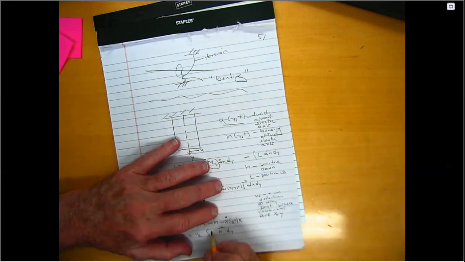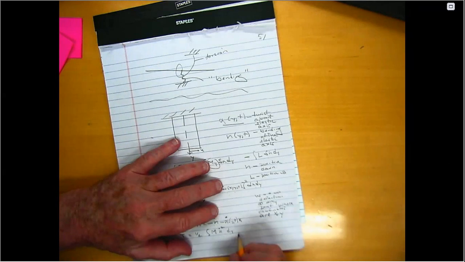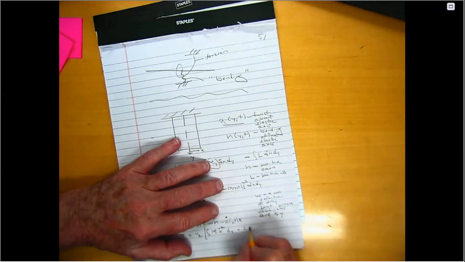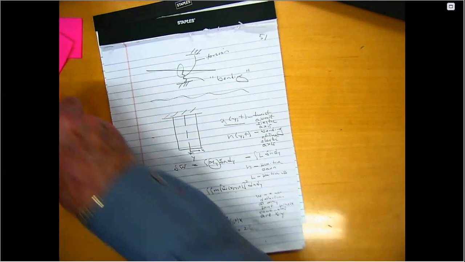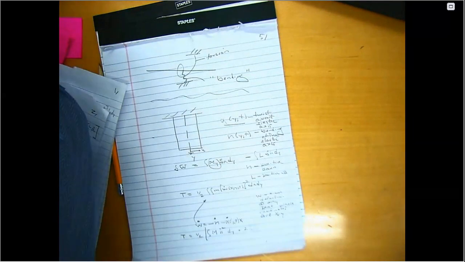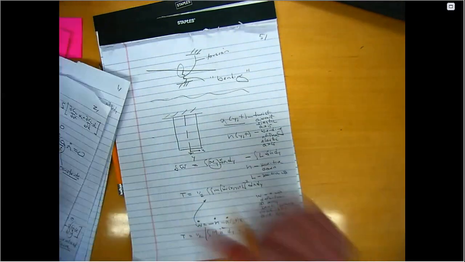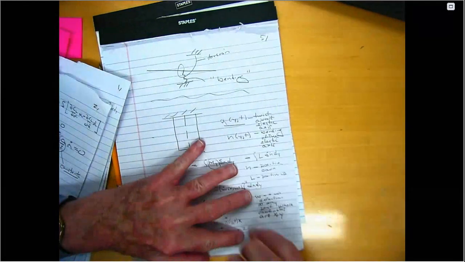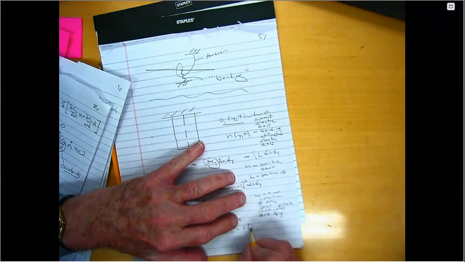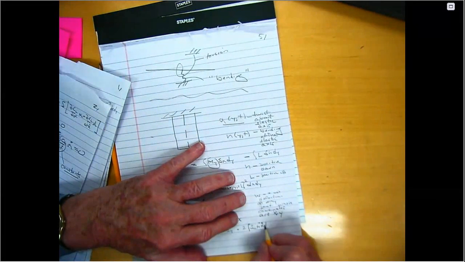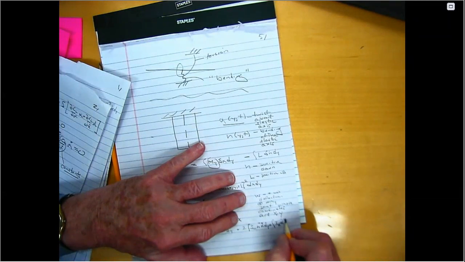And the way Wendt normally writes this is 1/2 M H dot squared plus S alpha H dot alpha dot dy plus the integral of I alpha alpha dot squared dy.